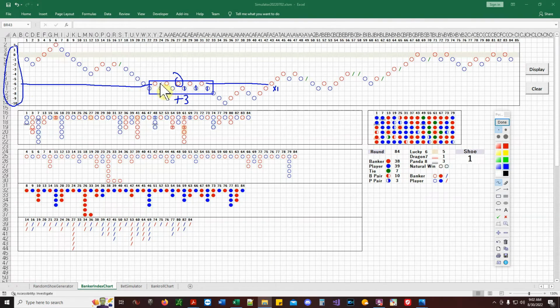You can't have no players in between and you count that. No, you want to see consecutive bankers without no players in between on that particular line.